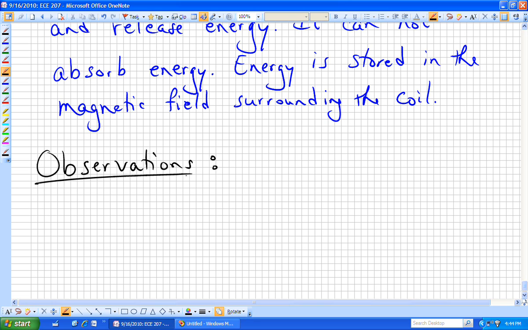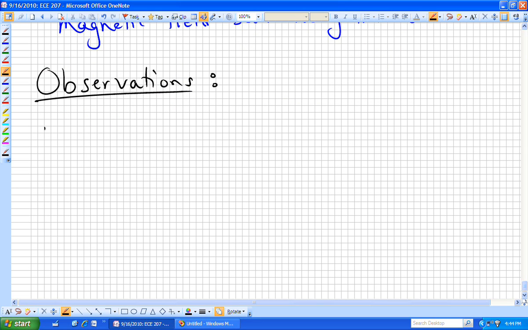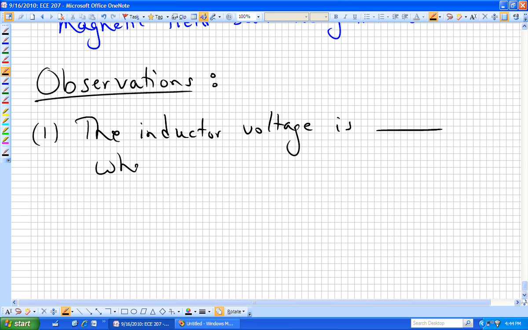Just like a resistor, except now it's a differential relationship, similarly to how we did our capacitor. What are some observations that we can make? What do we know about the inductor voltage? V is equal to L di dt. If we had a constant current flowing, what does Eli tell us about the voltage?